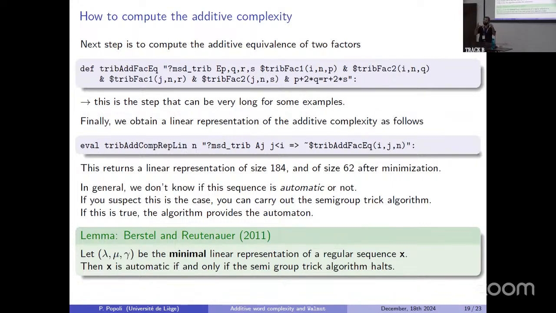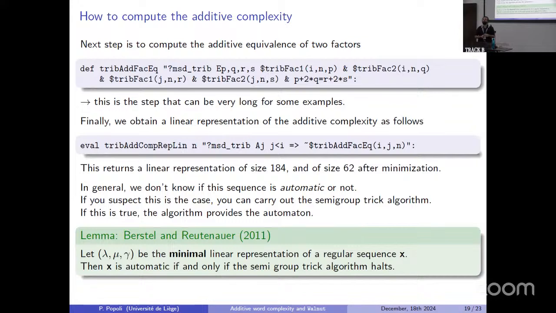How can I say this? You start with the representation of 0, and then you apply every possible label. And then to each new state, you do the same. And if you have already a state that you have already seen, then you create no new states. Okay, so this is a step-by-step algorithm. And if it's done, then there is a finite number of states. And so your sequence is in fact automatic. So you construct your automaton step by step and you hope that it will end.